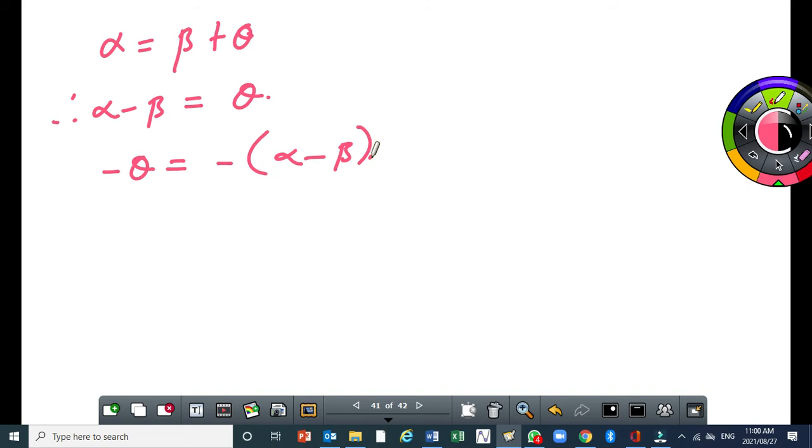Yes, alpha minus beta is one number. It's a binomial. So if I take the alpha and the alpha and the minus beta, I can write it like this, which you are used to. Now, we divide both sides by minus 1, and we end up having theta equal to alpha minus beta. Also, there is knowledge of factorization involved.